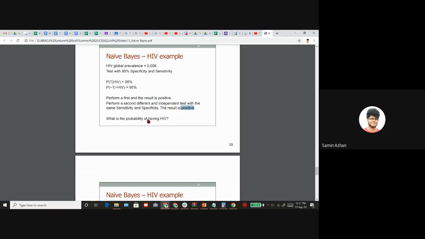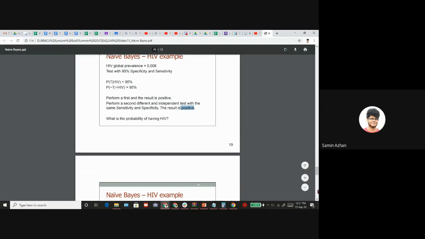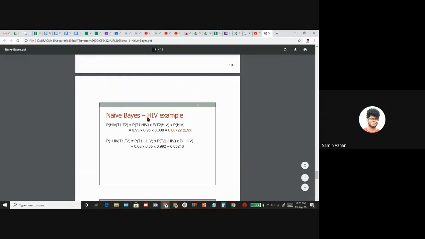So, what is the probability of having HIV? This time we took 2 tests, so there should be T1 and T2. If we use the naive Bayes approach, the probability of HIV given T1 and T2, both of them true, we use the naive Bayes rule.